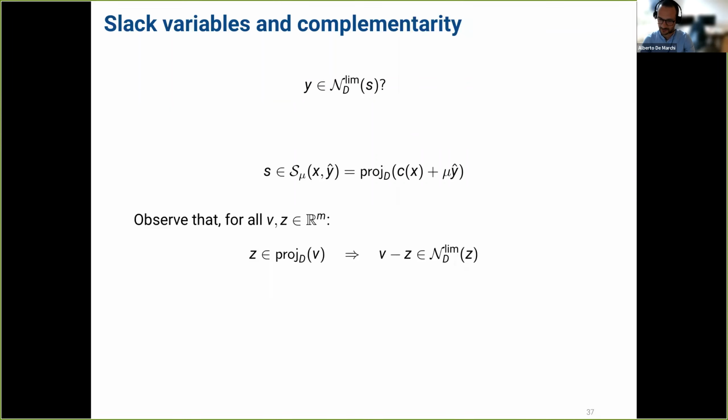s is this projection. We have this implication. So an element of the projection is then we have this property with respect to the limiting normal cone.